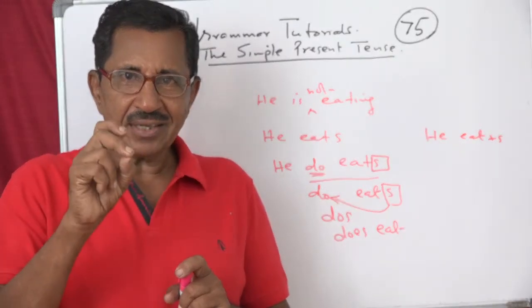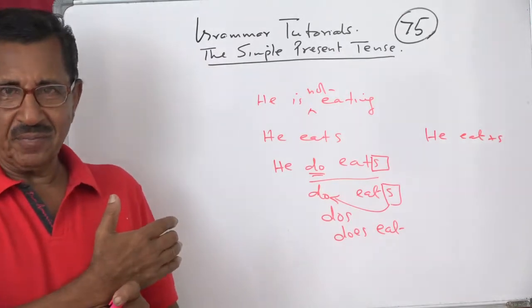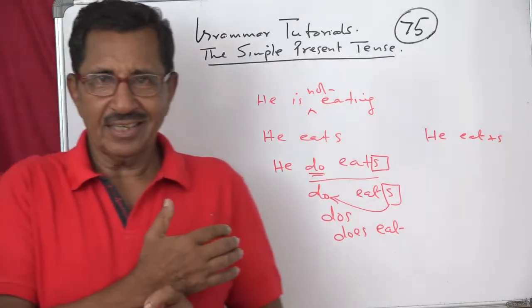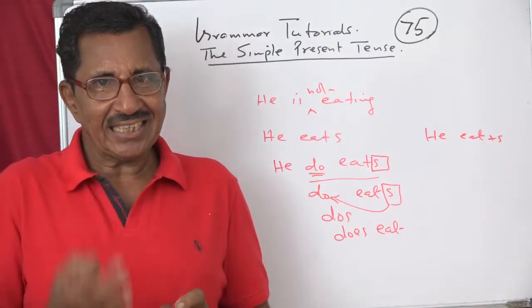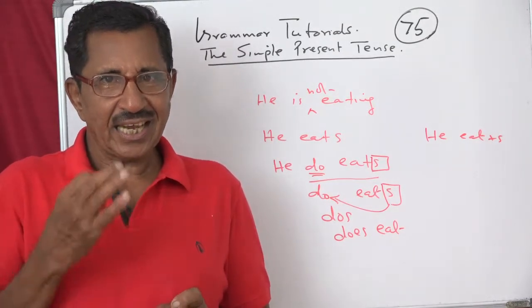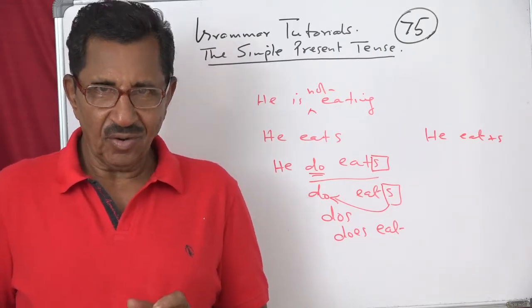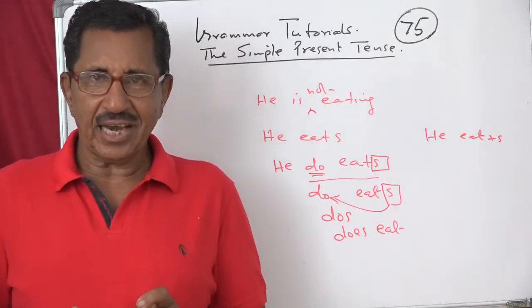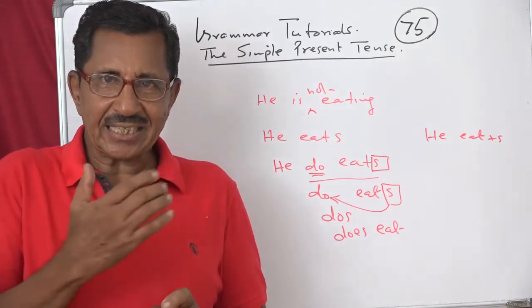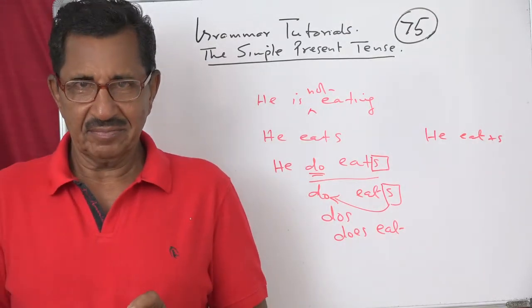The tense marker is taken and added to the first member. Or, in very simple language, you can say, the tense is always carried by the auxiliary. Or, the tense marker is always added to the extreme left member of a verb phrase.